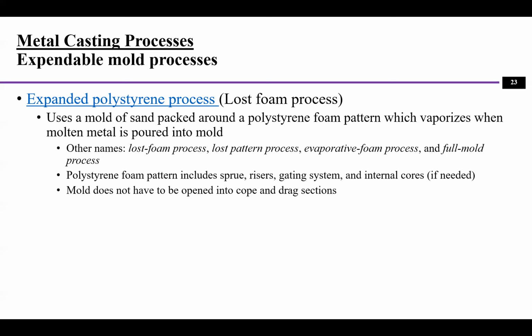Just use either a foam or some other material, as long as it can be melted by the molten metal. So the pattern will create the shape in the mold, and then when we pour the molten metal, it will melt the pattern, and then we'll create the shape of the pattern. So this is how the lost foam process works. Just watch this video and take a look at how it is used in our lives.